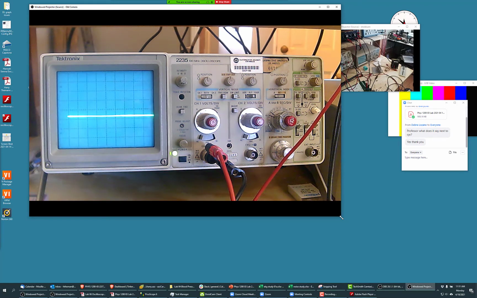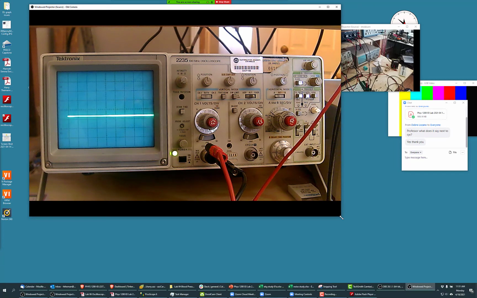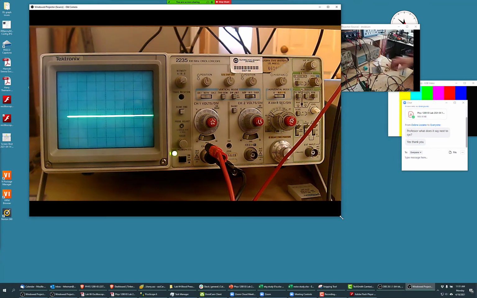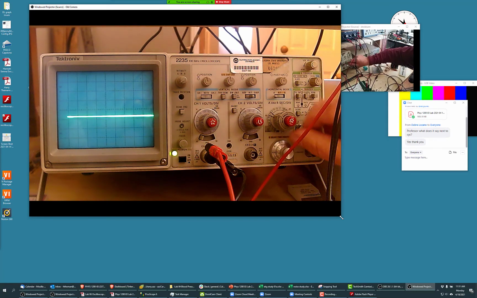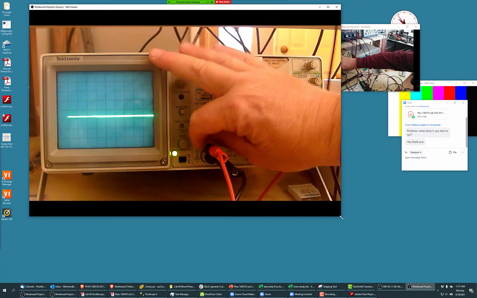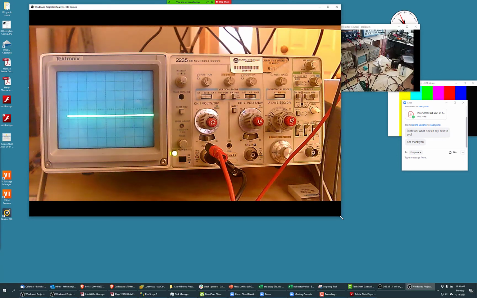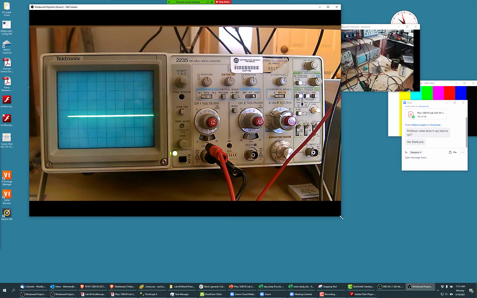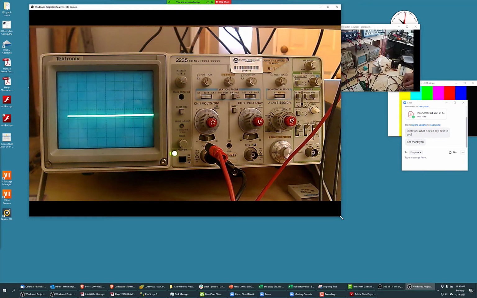All right, so what does it say? 5 milliseconds per centimeter. Okay, that's what it's at. Set channel 2 to ground. It should say channel 1, but it doesn't matter. And 1 volt per centimeter.